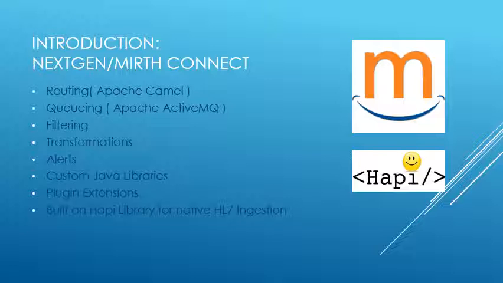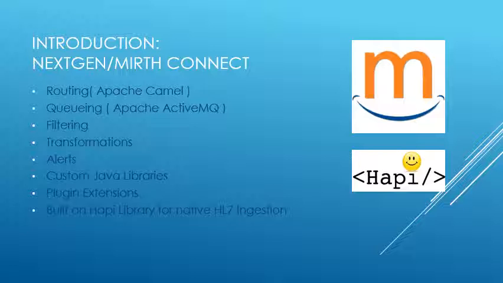Transformations, which is discussed, alerts, and you can even add your own. You can build your own custom library in Eclipse or IntelliJ or whatever IDE you choose, NetBeans, whatnot, and add those libraries to it, because it allows you to write code in the Rhino engine. It can be JavaScript or Java, so it's very flexible in how you can do things.